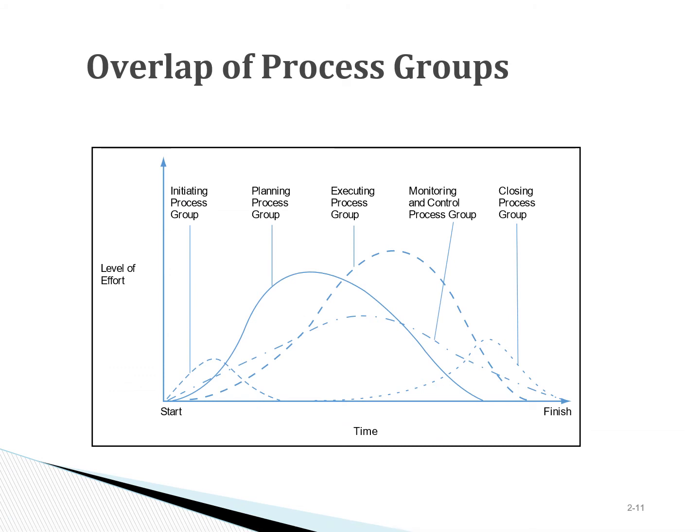And as we look at these process groups and we look at the level of effort that occurs in each of them, as you can see, we start with initiating, and the effort typically is relatively small in the initiating phase. There are a few people who are deciding if the project makes business sense or not.